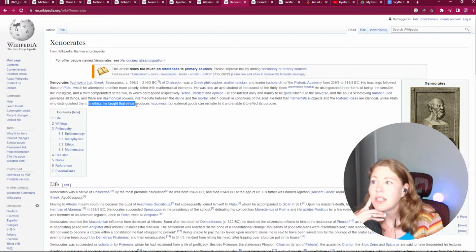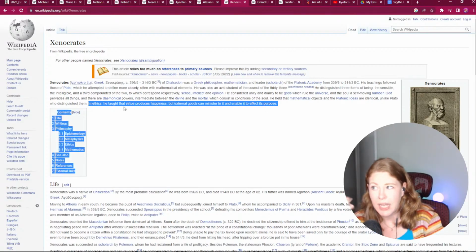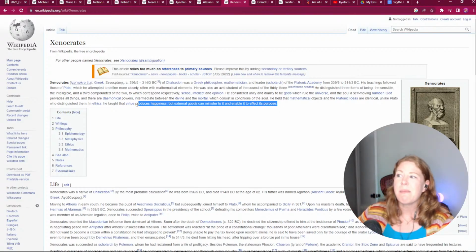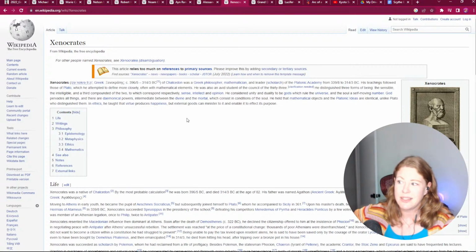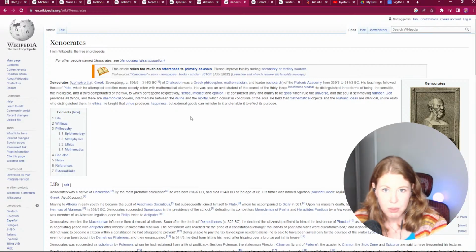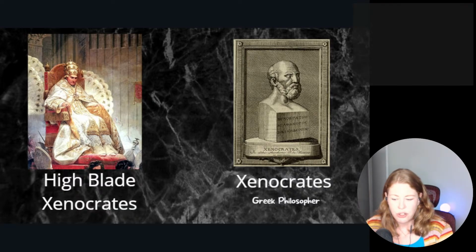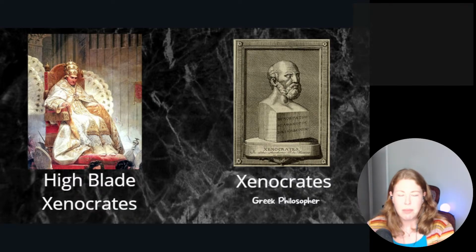In ethics, he taught that virtue produces happiness, but external goods can minister to it and enable it to affect its purpose. Okay, here's the main line that fits with the character Xenocrates in the book. High Blade Xenocrates believes that the Scythes should follow the commandments, right?